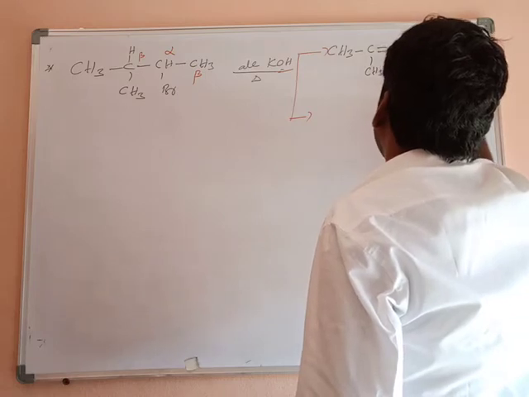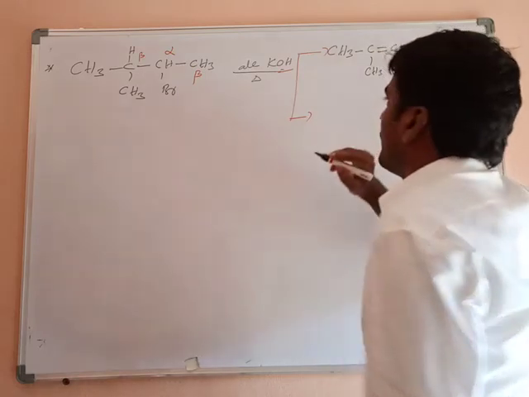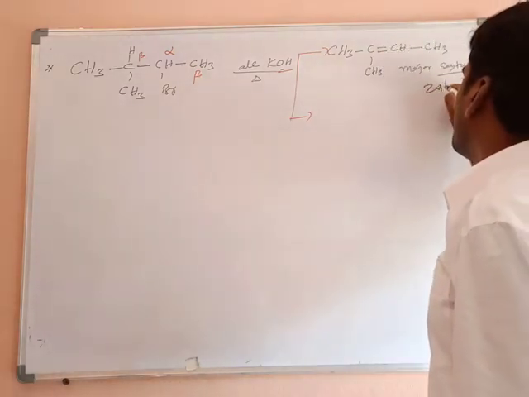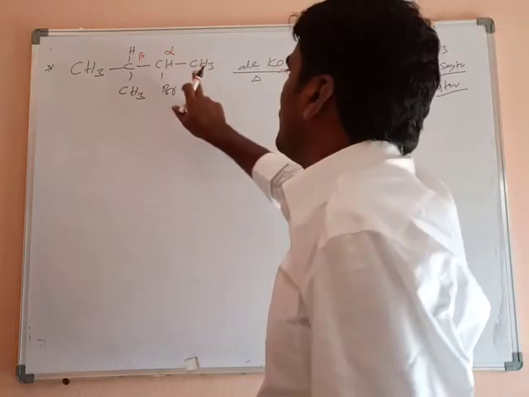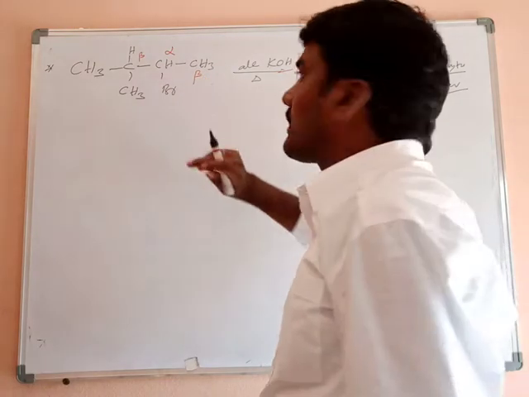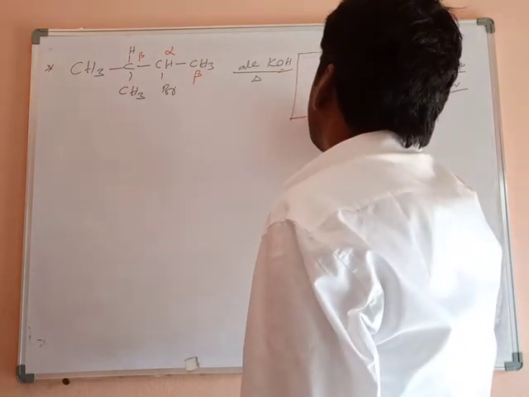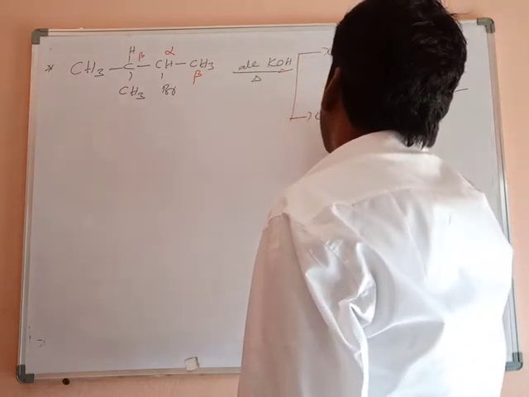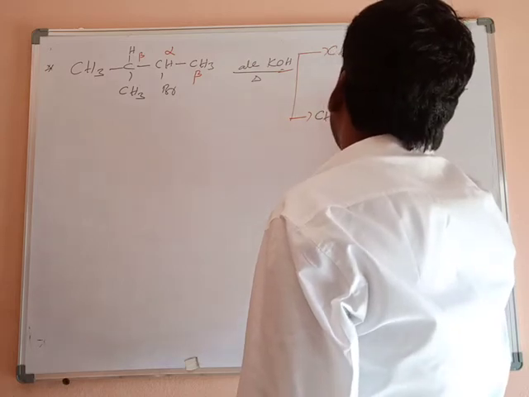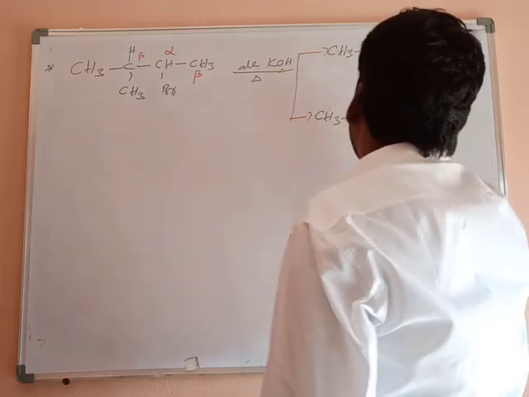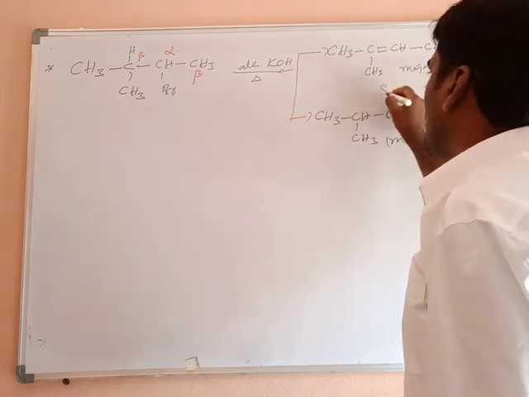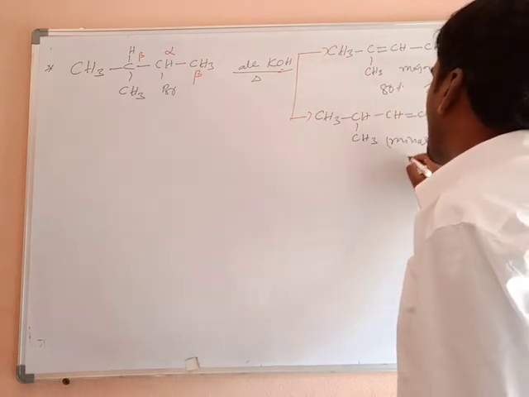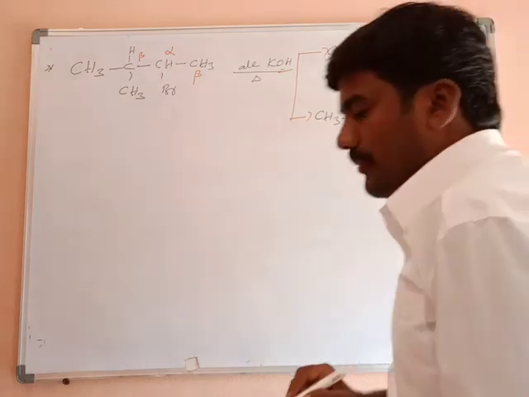This is called the Saytzeff product, or Z-product also. And what is the minor product? Hydrogen is eliminated from the right side beta carbon. So CH3, single bond, CH, single bond, CH3, CH double bond CH2 will form. This is the minor product. About 80% of the major will form, and about 20% of the minor will form in the mixture.